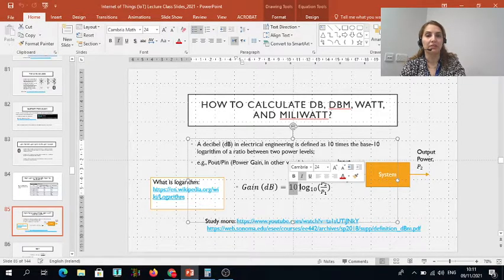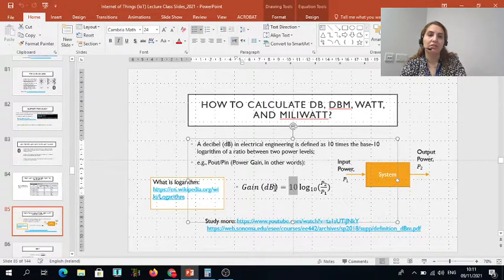Don't forget this, because I remember from previous years many students forget the 10 that is multiplied by the logarithm. That puts it in a range that is easier to understand. Otherwise, the values would be difficult to differentiate from each other. This gives us the decibel, or the gain of the amplification system.